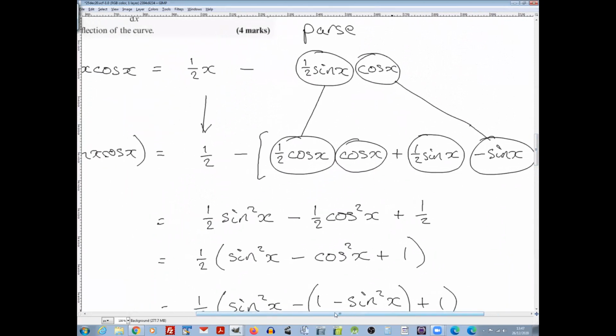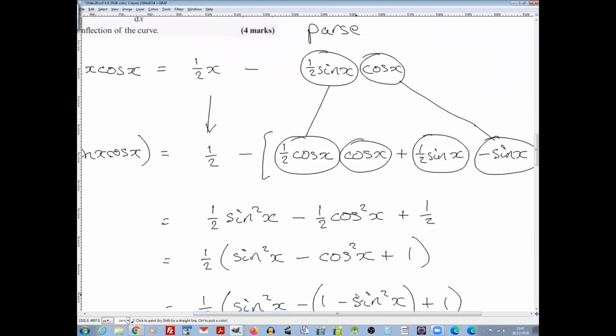So what's the integral of sine squared? Half sine x cos x. No, subtracted from a half x. Yes. So it's important to appreciate this just is sine squared x in an unobvious guise.